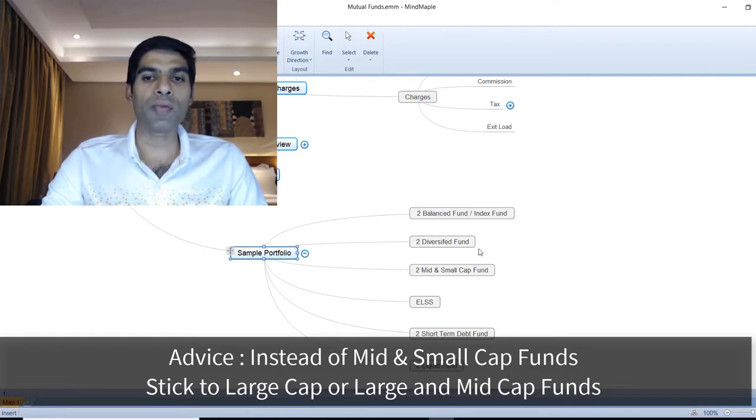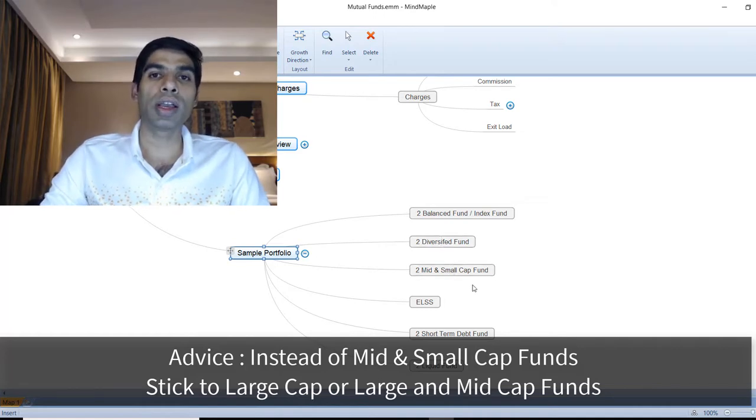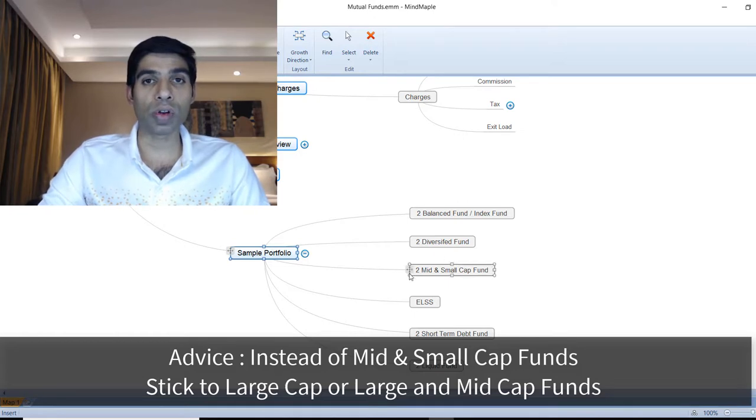And you can have one index fund, two diversified funds, and two mid and small cap funds, in case you really want to invest into mid and small cap, provided your investment horizon is also longer, because in case the market corrects, then they would correct more, right?